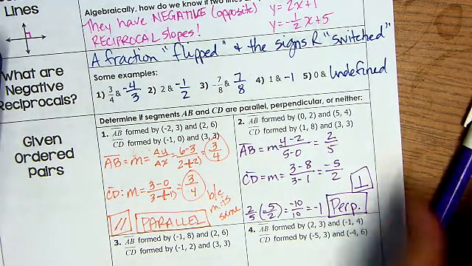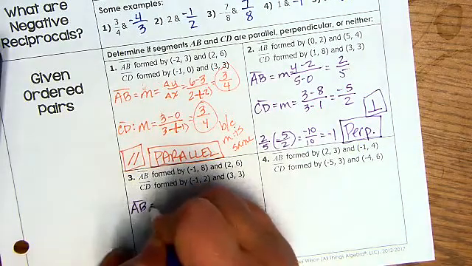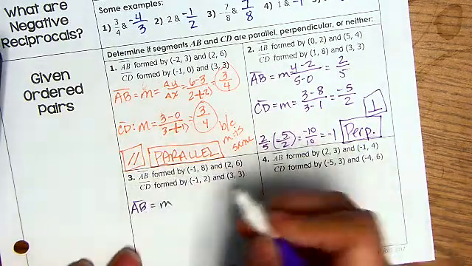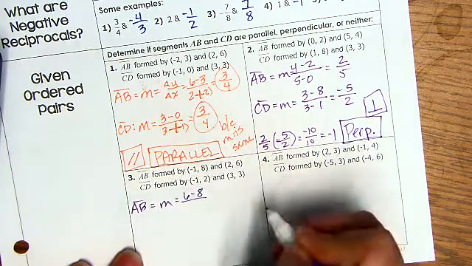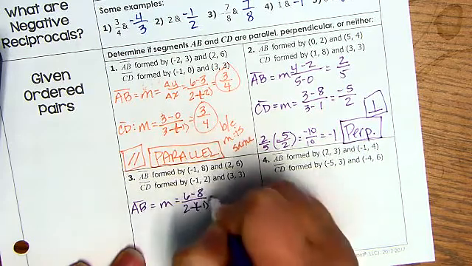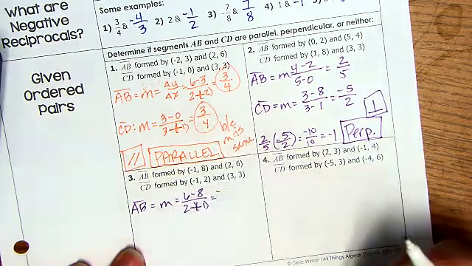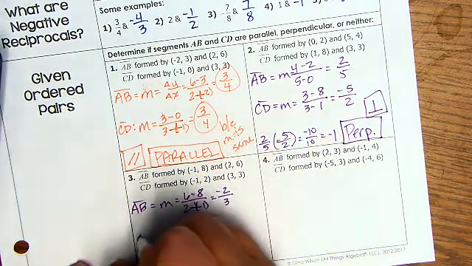Okay, next one, last one for this section. We have AB, so we're doing M equals 6 minus 8 over 2 minus negative 1. That's a double negative, so we get negative 2 over 3.